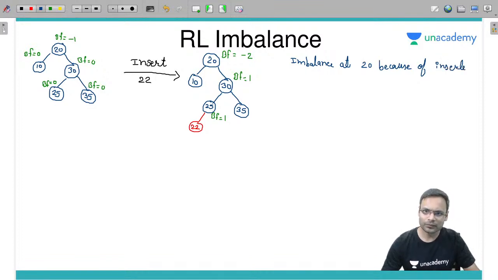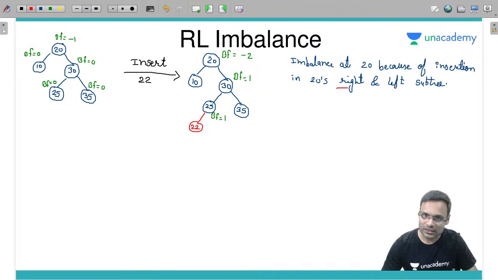Can you tell me? Insertion in 20's first of all right, and then its left subtree. So what are the two direction steps from 20 towards the newly inserted node? One is right, then left. Because of that, the problem name is RL imbalance.